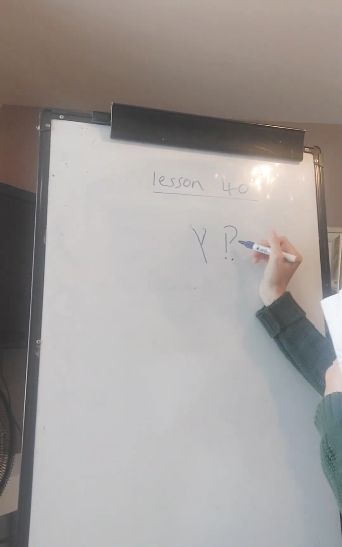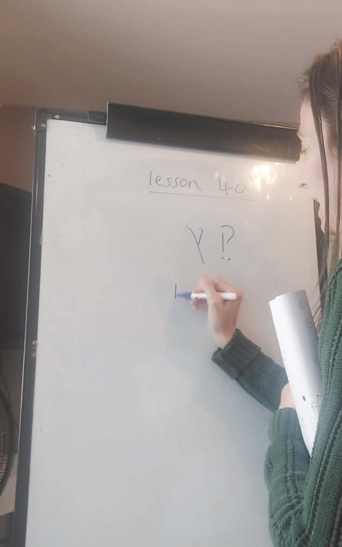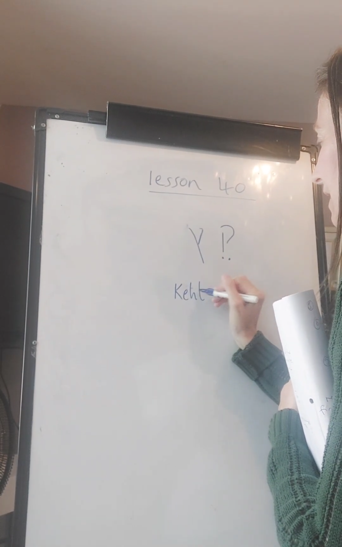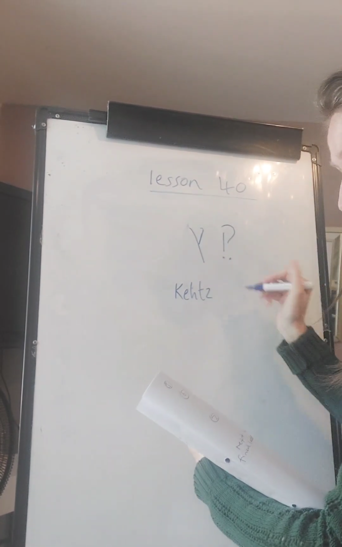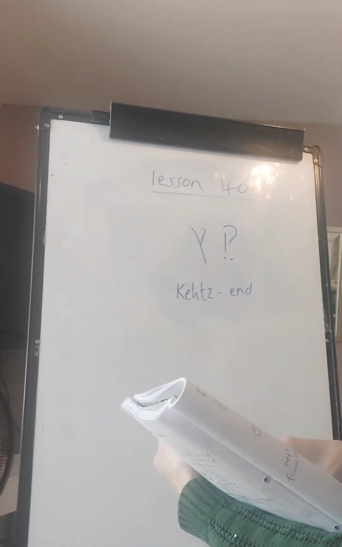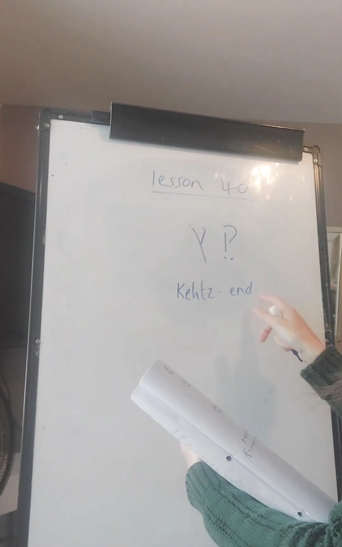Okay, this one, this is the kuf, sounds as cat, sound of the vowel, which is air, final tsadi, ketz, which is the end, so it could mean edge, tip or border.